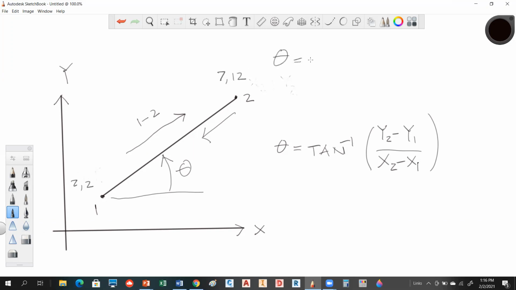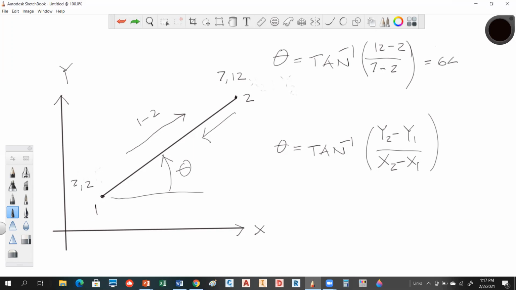This literally tells me to take that. So delta y would be 12 minus 2, and then I'm going to go 7 minus 2. So if I take 12 minus 2 divided by 7 minus 2, take the arctangent of that, what that'll give me is 63 degrees.